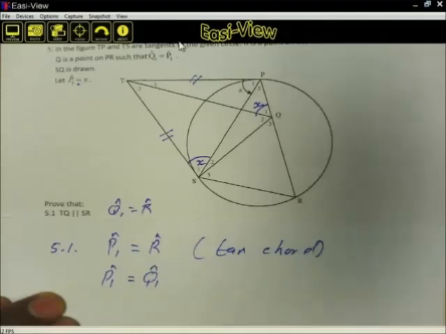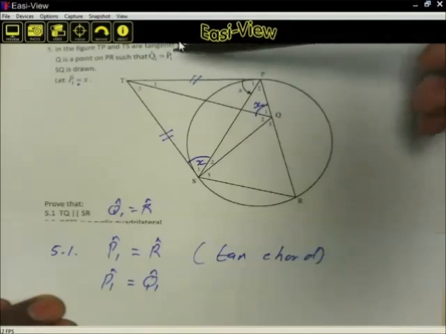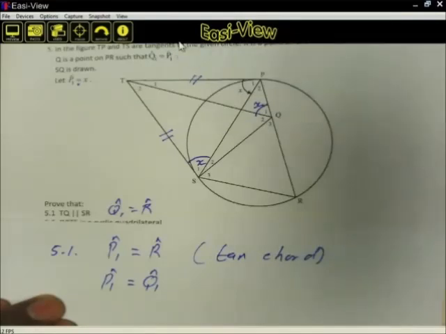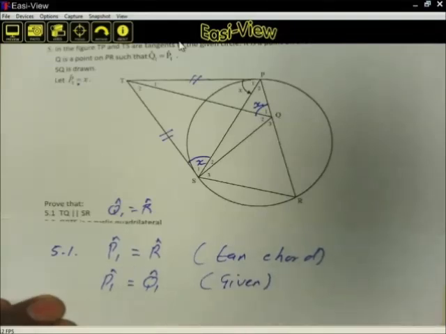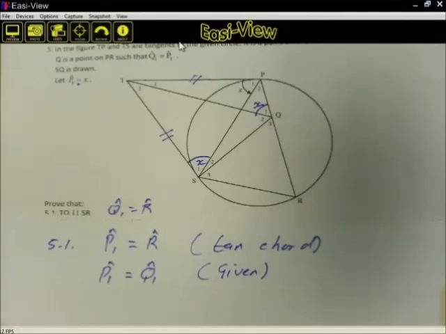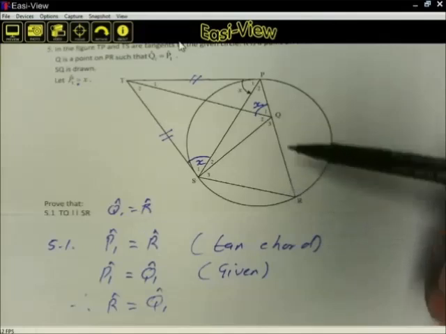This is the given information. From the given, remember this statement, Q1 is equal to P1. It's given information. From the two statements, what conclusion can you draw? The first, P1 is equal to R, P1 is equal to Q1. From the two statements, we can therefore draw a conclusion that angle R is equal to Q1.